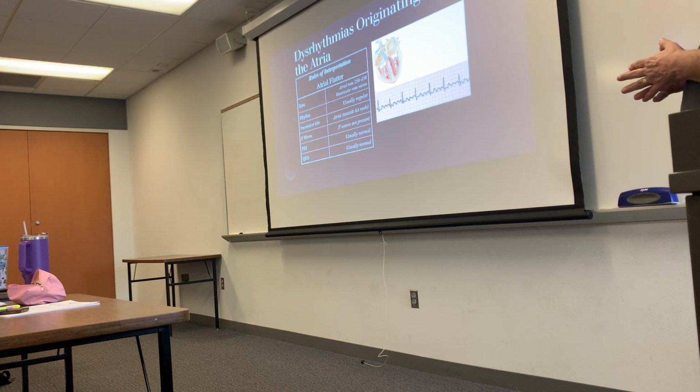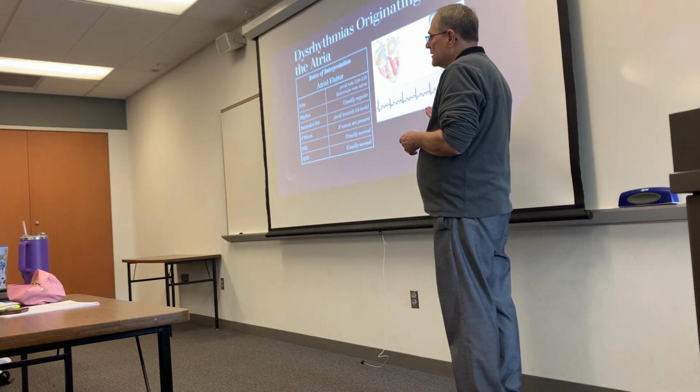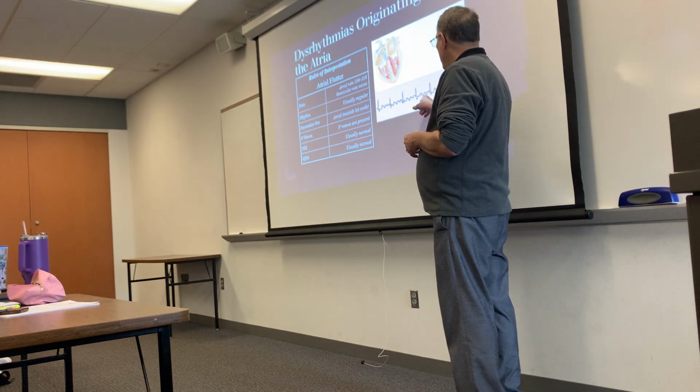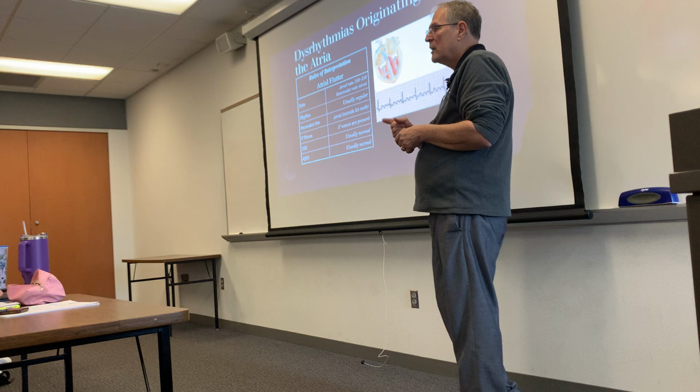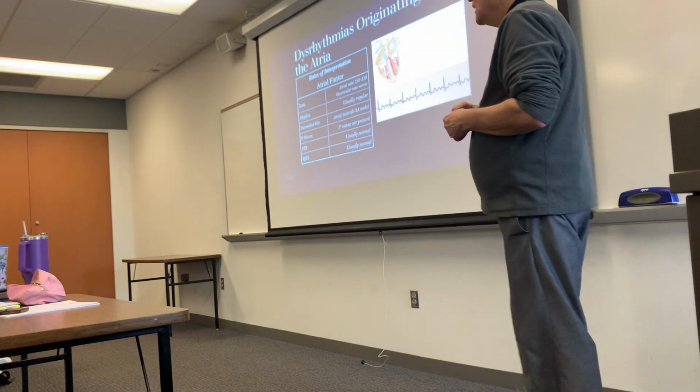Like look at your R waves, they are evenly spaced. See that? So with flutter, it's usually evenly spaced. You definitely have a repeating pattern. This is what we would call 2-to-1 conduction. You can see 4-to-1 conduction, right?